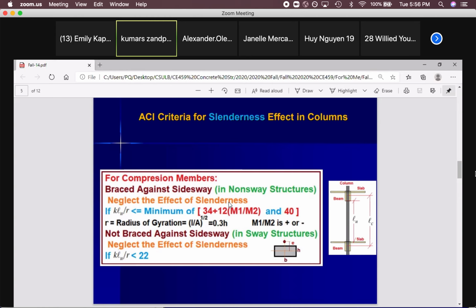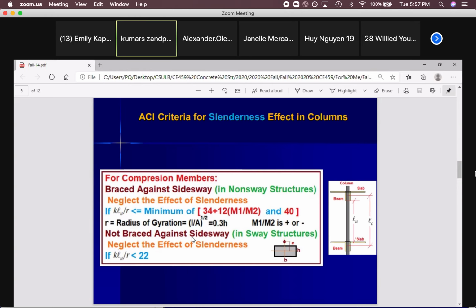That was easy. But if it's slender, meaning your number is greater than this, then you should consider it a slender column and do the same as what we did for Cm, Pc, and find delta, and then M2 times delta is your Mc. Whatever we learned, that's for a slender column. Follow that one if your KLU over R was greater than the minimum of these two. If you have a non-braced frame against sideway, that's not for this class.